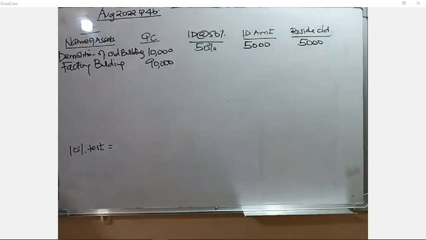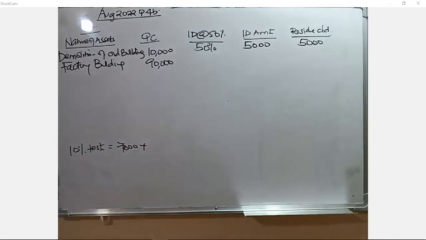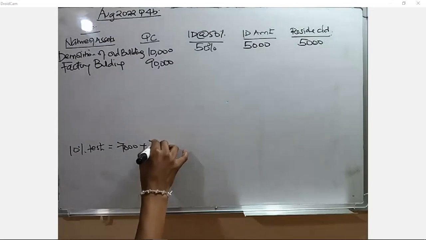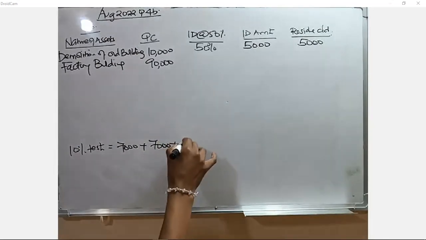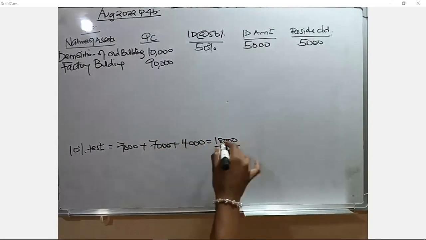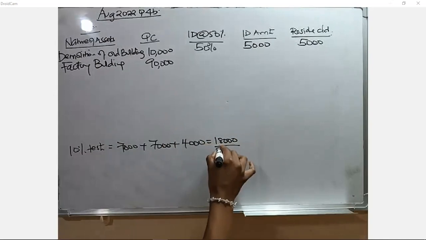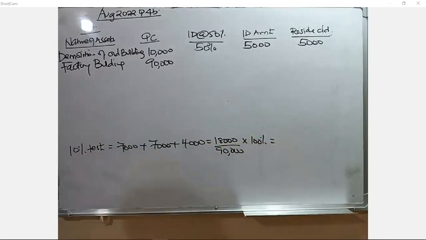10% test. So I will take the cost of the warehouse, which is 7,000, plus the cost of the administration block, which is 7,000, plus the cost of the showroom, which is 4,000. This is equivalent to 18,000. You divide by the total of the factory building, which is 90,000, then you multiply by 100%. Look at whether it exceeds 10%.